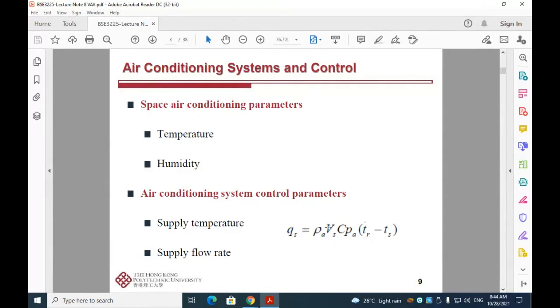We are left with V sub S and T sub S. V sub S corresponds to supply flow rate, and T sub S corresponds to supply temperature. In other words, in order to maintain a design temperature or humidity ratio in indoor space, what you can control for the air conditioning system are supply temperature and supply flow rate.